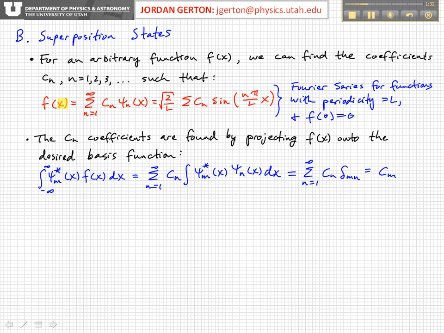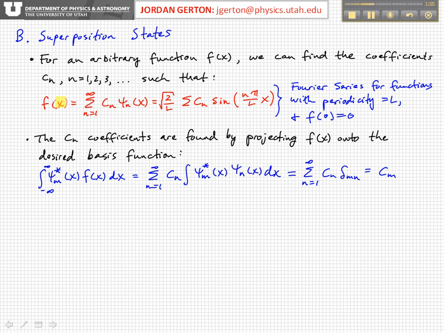Okay, and that means that the wave function which is representing the particle can take on this form. You can somehow prepare a state which is a particular superposition which gives you this function.